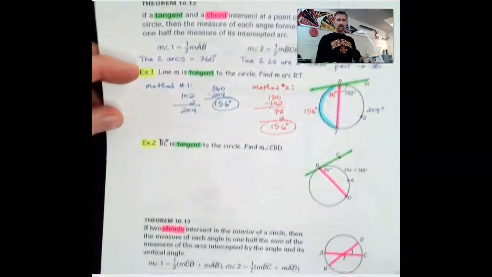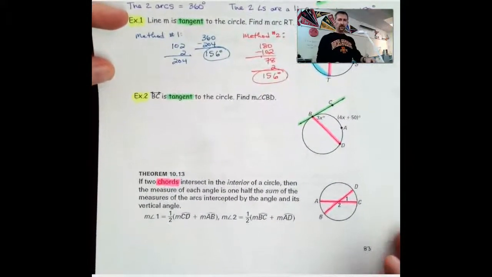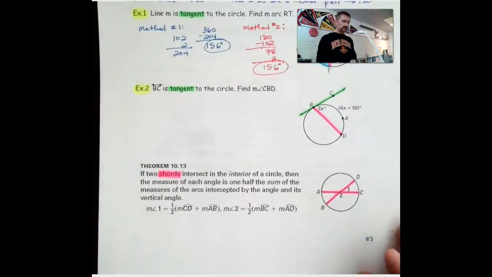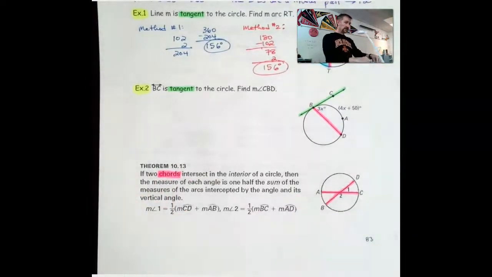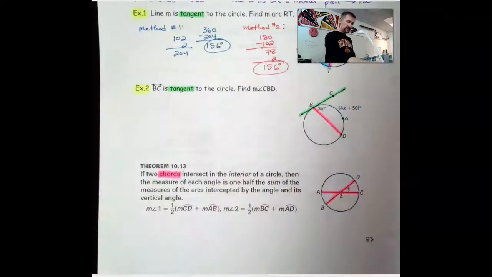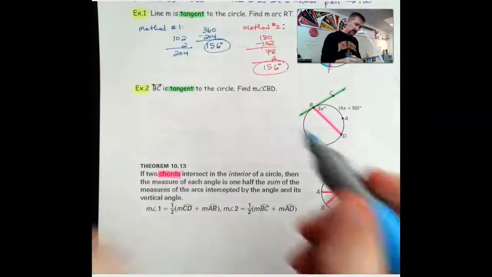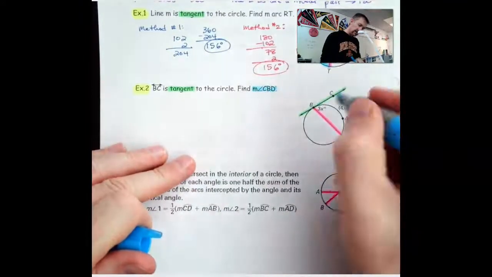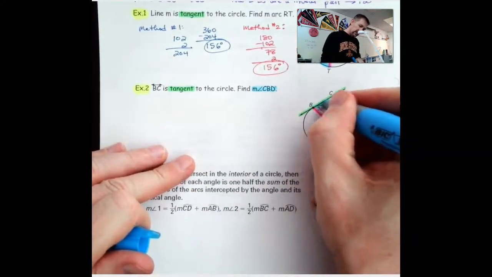Alright, so let's move on down here. So line BC is tangent to the circle. Find the measure of angle CBD. So now they are asking us to find this angle here.